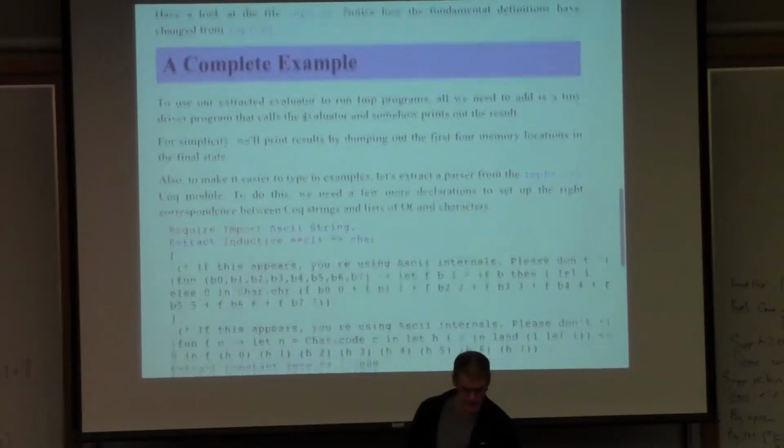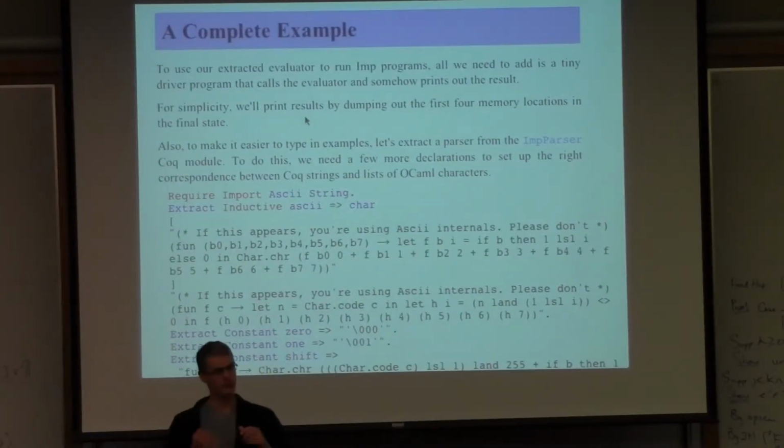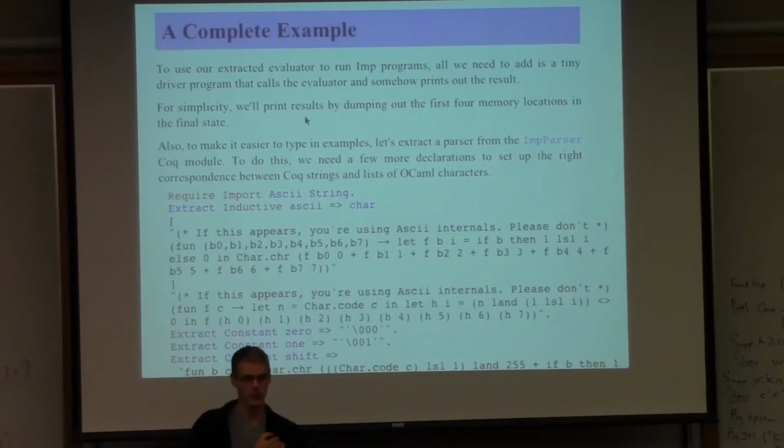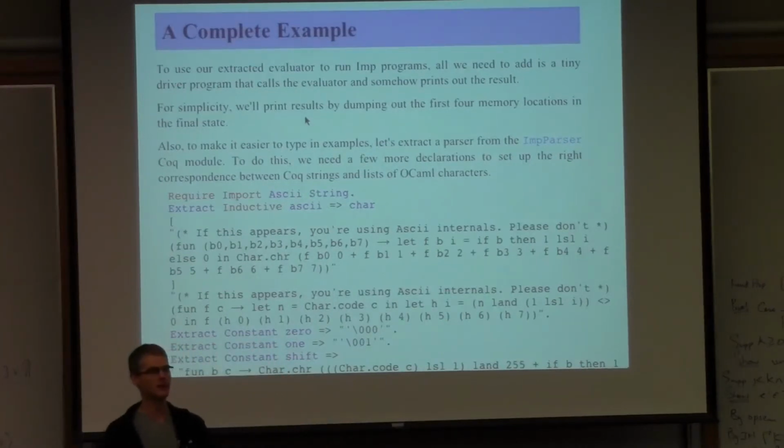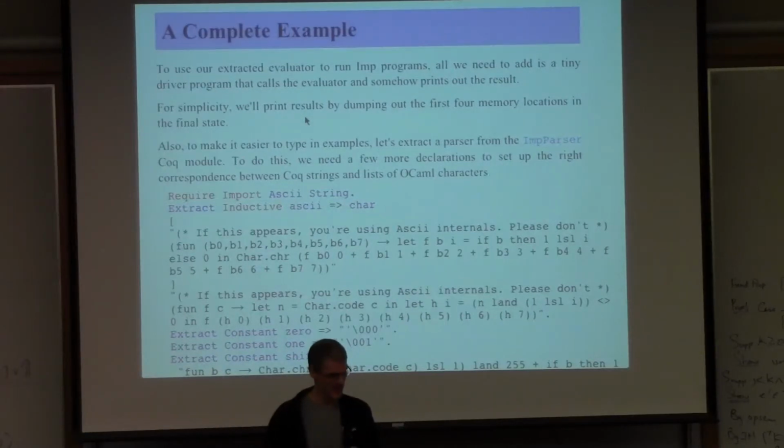Okay, so here's a complete example. We need a way of getting programs into the evaluator. Oh, I didn't show you this, but I actually have a parser for Imp written in Coq. That was a hack by Wilhelm Sjöberg a couple of years ago. So that's a good way of getting programs in.